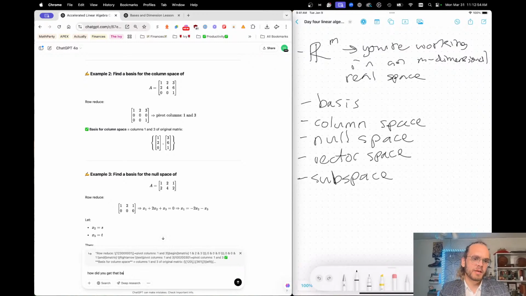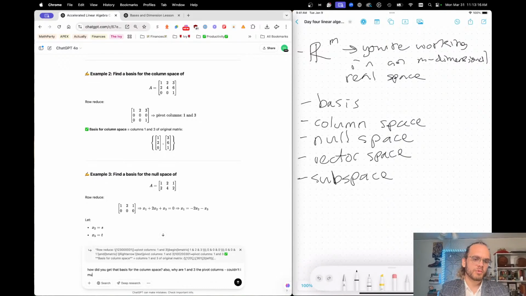How did you get that basis for the column space? Also, why are 1 and 3 the pivot columns? Column 1, column 3.